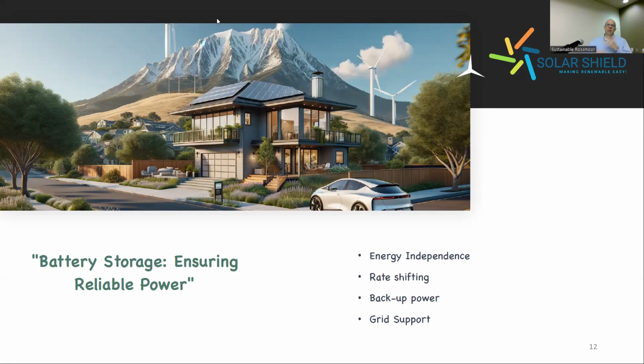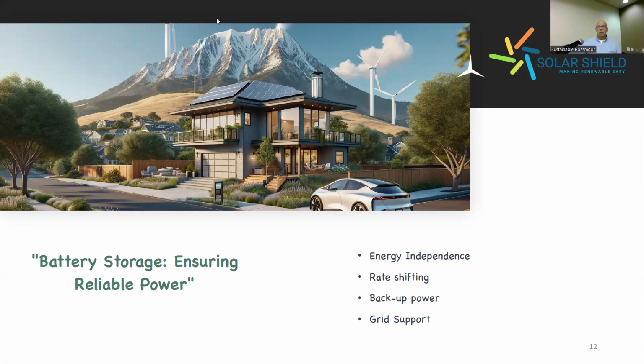But now we have this energy independence, which allows us basically to produce the power, store it locally, use it when we need it, and if the system covers all our usage, PG&E can go out and we'll be all right, which is a great opportunity.